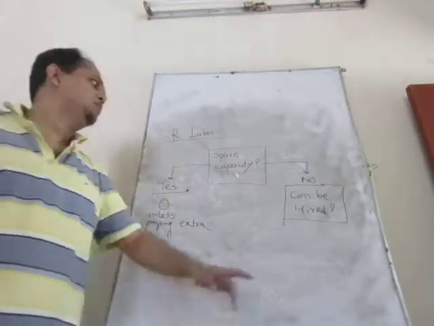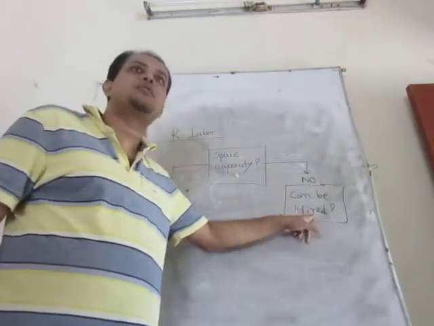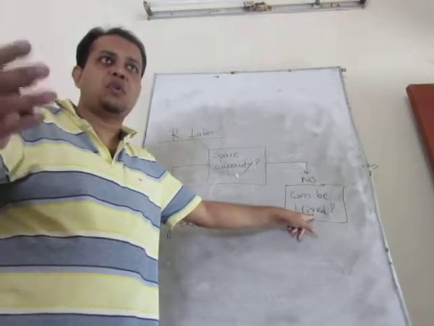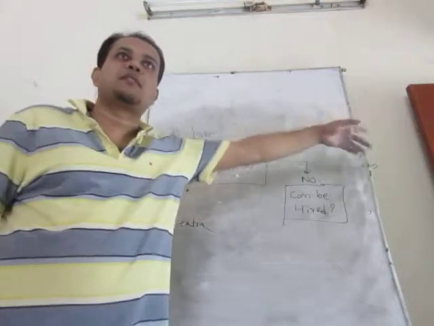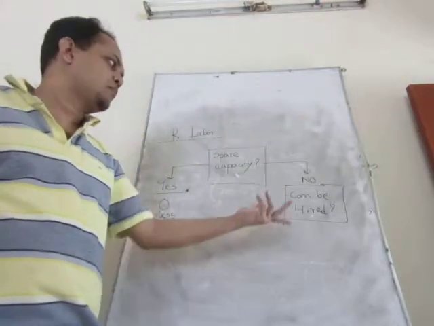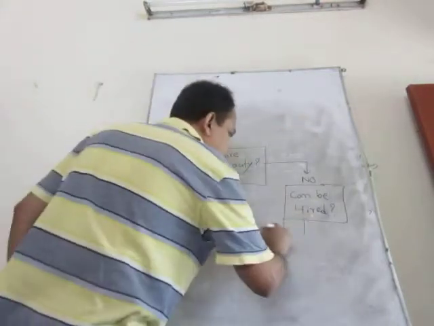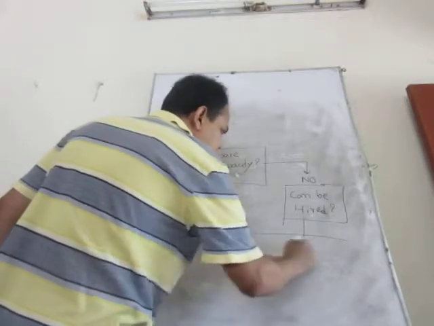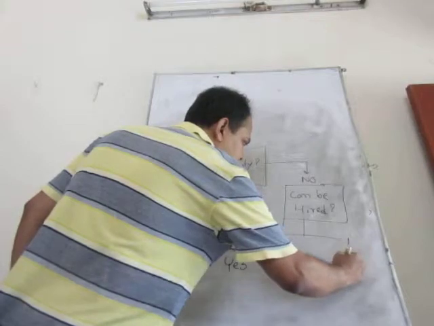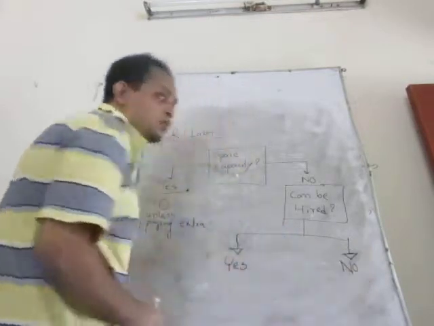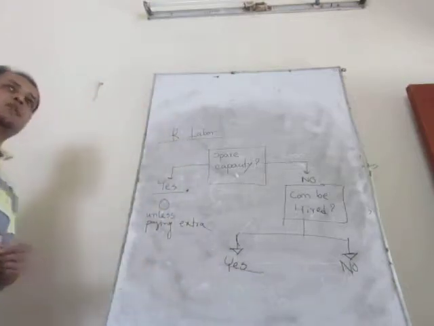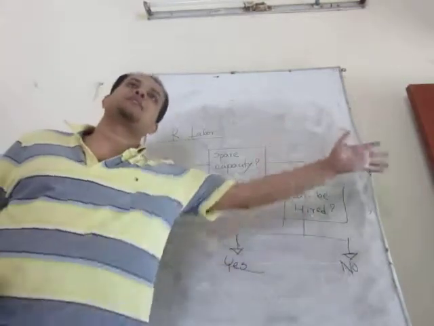Now you have to ask yourself whether the labor forces required for the new contract can be hired from external sources. The answer may be yes, maybe no. If yes, that means okay, you can hire that labor force from external sources.